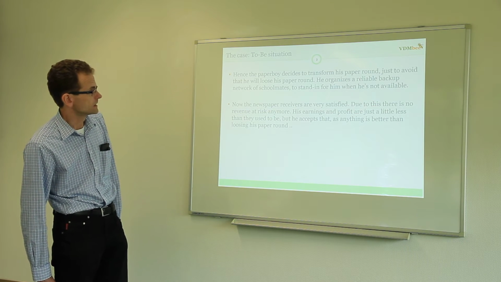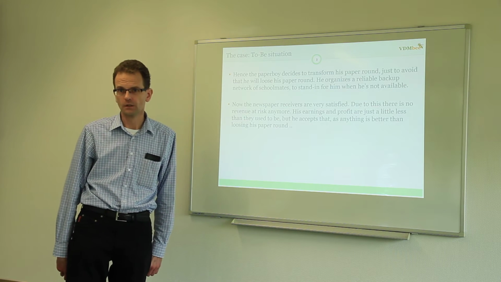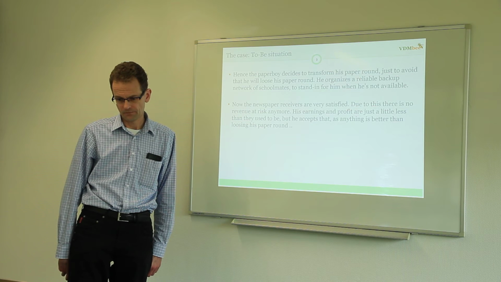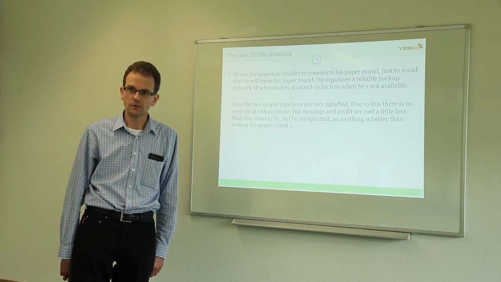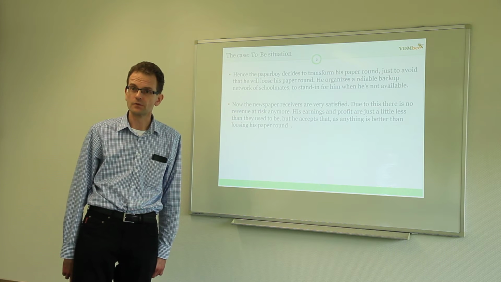And then he finds that schoolmates in his class at school are willing to stand in for him, as a backup network. And although this costs him some money because they don't do it for free, he accepts that because he thinks everything is better than me losing my newspaper route.